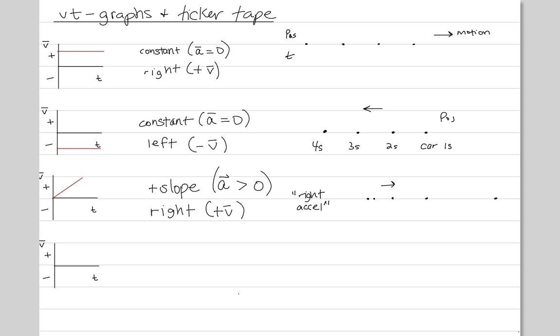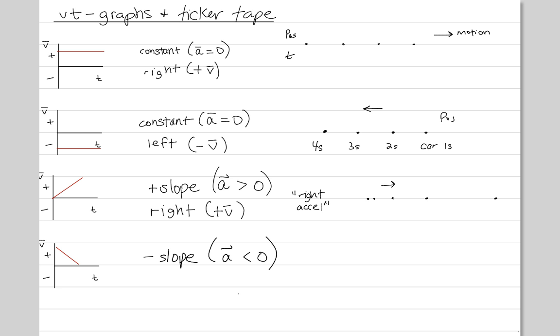Now we'll draw a VT graph angled down, but in the positive region, like this. So now you have a negative slope, contrasted with above, which had a positive slope. A negative slope means our acceleration is negative.